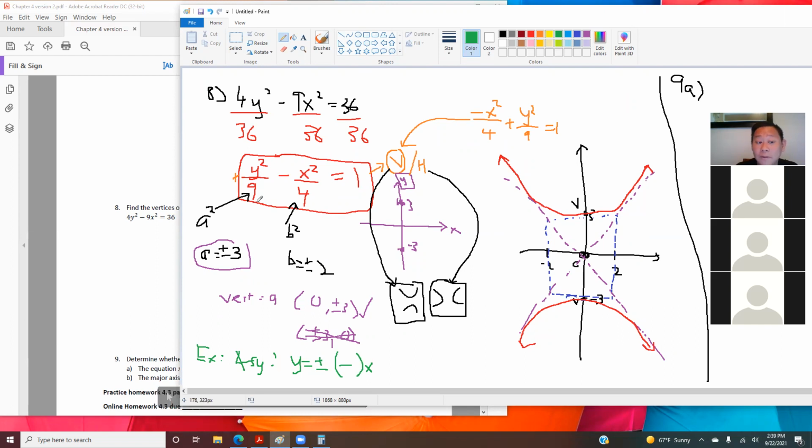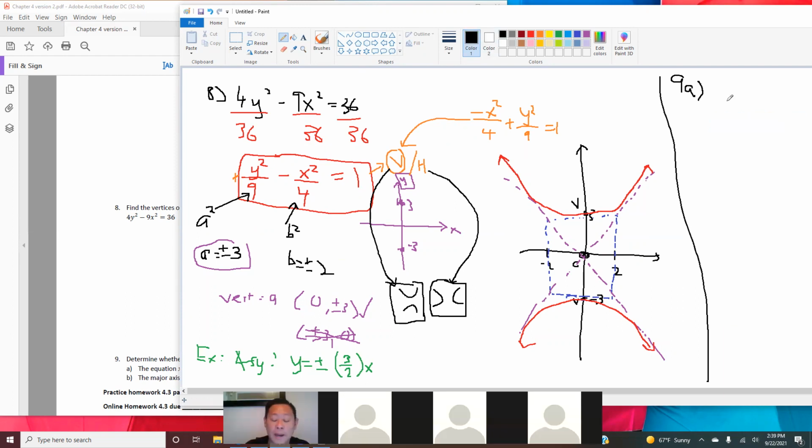Because it's y here, the one underneath y is the one, so it's 3/2. This is correct. Now, on your online homework they don't like plus and minus, so you have to write this two times: y equals 3/2 x and y equals negative 3/2 x. If they ask for an asymptote like this, don't use plus minus like I did over here. They will mark you wrong, although it's correct. On my test, sure, be my guest.